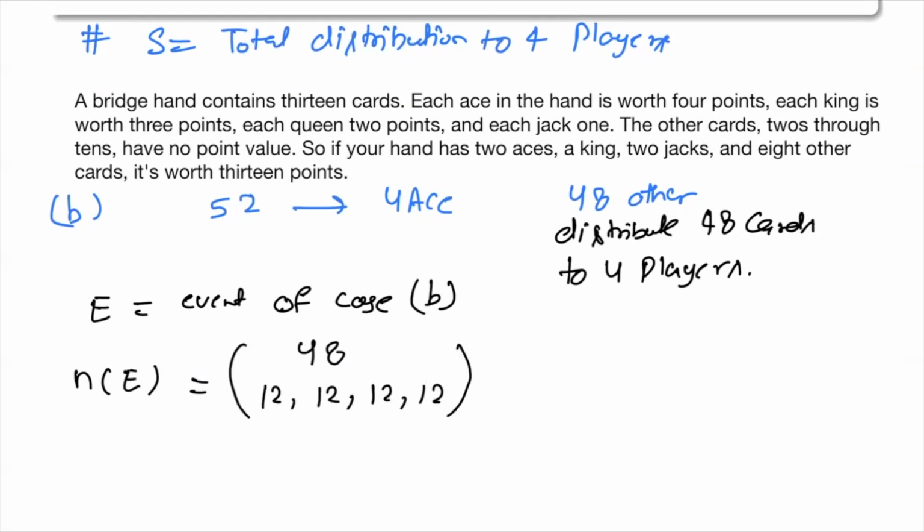You distribute using the multinomial, because it is a distribution, so order is important here. Next, because you are having 4 aces, you can distribute them in how many ways? There are 4 factorial ways. You can distribute them. So this will be your n(E).